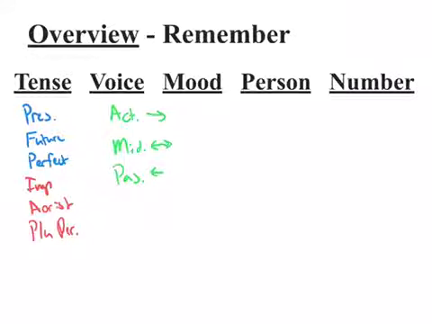And the mood. This is really what we are learning today for the most part. So we've learned the indicative mood, which is basically just assertion, just saying something. It doesn't have to be true or false, just saying something.